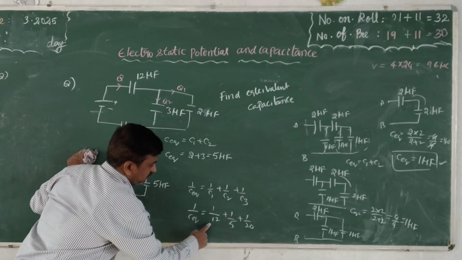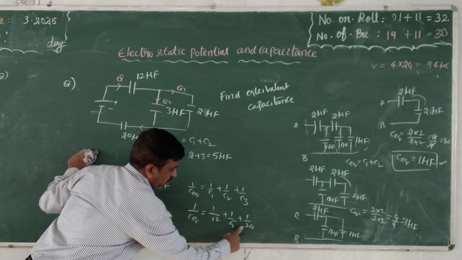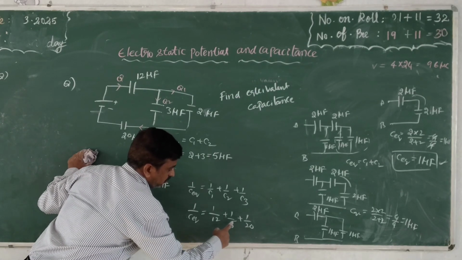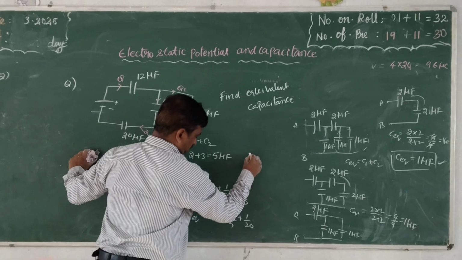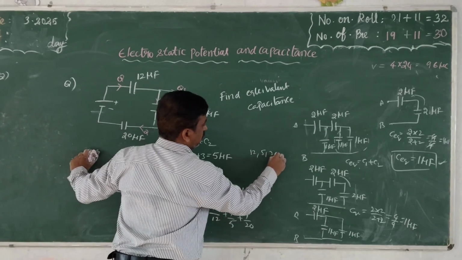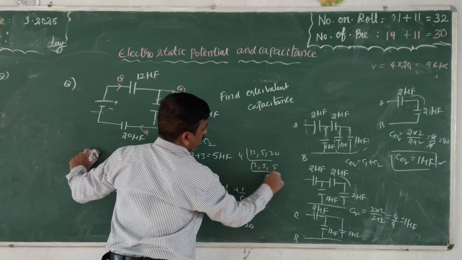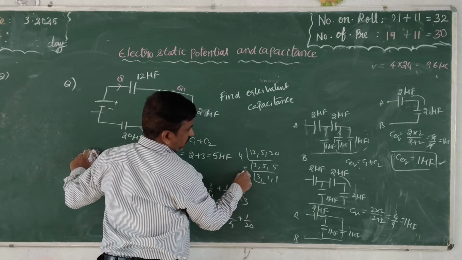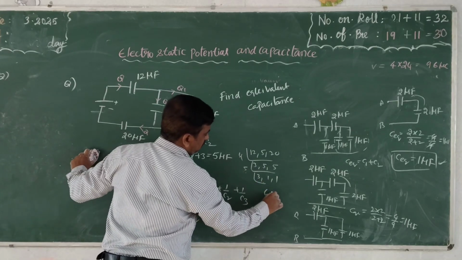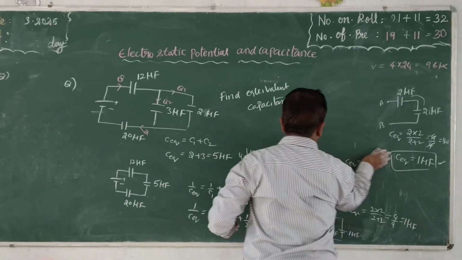We can take the LCM of 12, 5, 20. Dividing by 4, 3, 5, we get LCM 15 into 4, 60. LCM is 60.